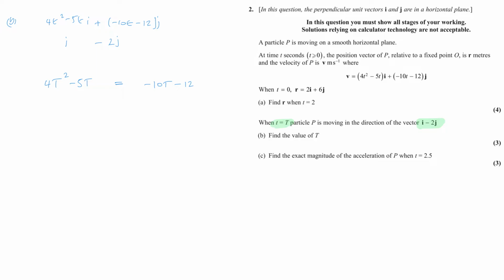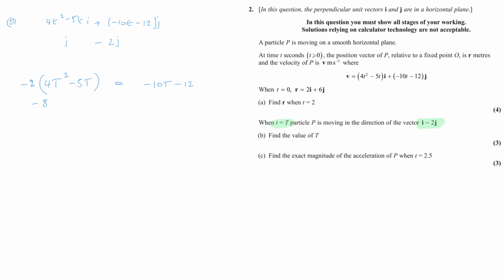So if I multiply the left by minus 2, if I multiplied this i by minus 2, it would be minus 2i minus 2j. So if I multiply this left by minus 2, it will equal this. Okay, so that's what I'm trying to do here. And then it's just a case of expanding and solving.